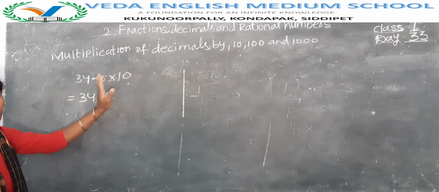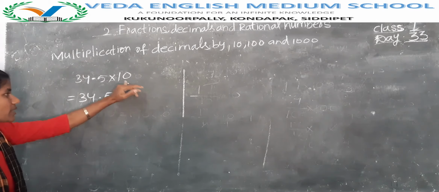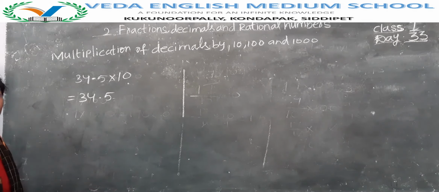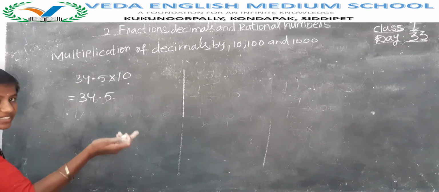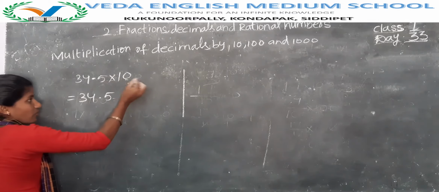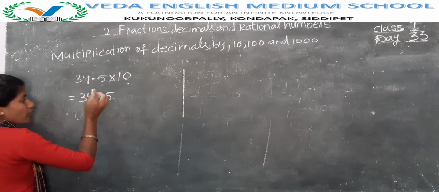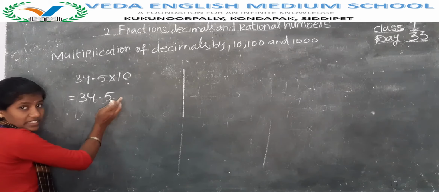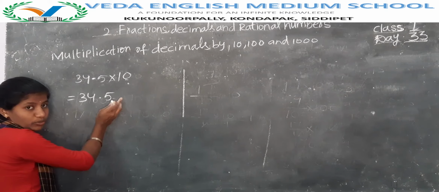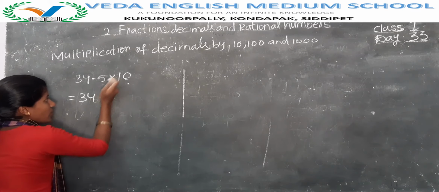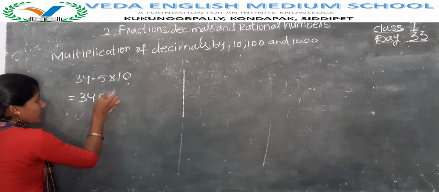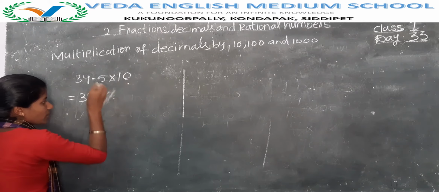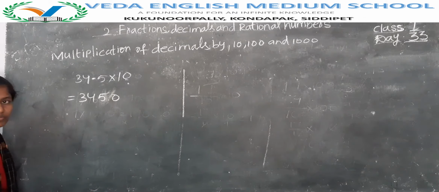Based on the zeros, the point moves. Zeros పైన బేస్ అయి పాయింట్ మూవ్ అవుతూ ఉంటుంది. ఎక్కడికి మూవ్ అవుతుంది? రైట్ సైడ్. So in 10 we have only 1 zero, so the point moves 1 digit to the right side. So now it becomes 345. Here you will get 0.